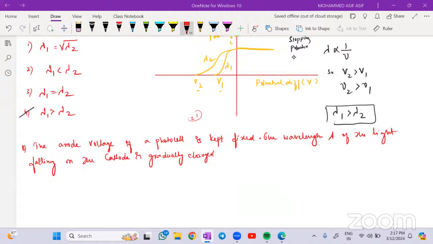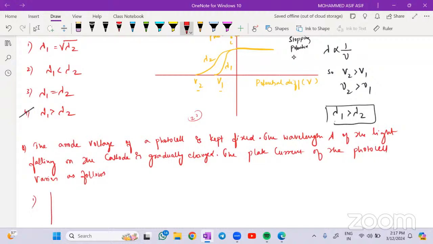So see this question. The anode voltage of a photocell is kept fixed. The wavelength lambda of the light falling on the cathode is gradually changed. The question is: the plate current of the photocell varies as a function of lambda, a very famous graph. You might have already studied it.